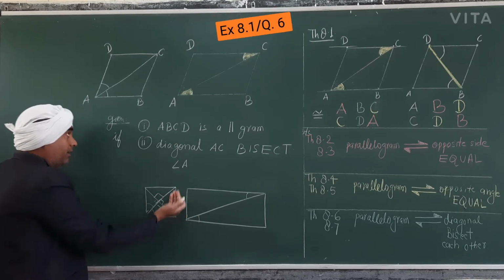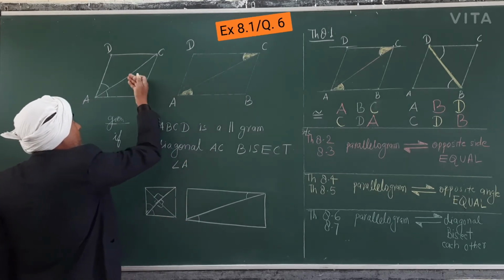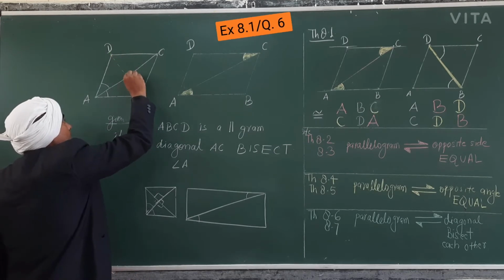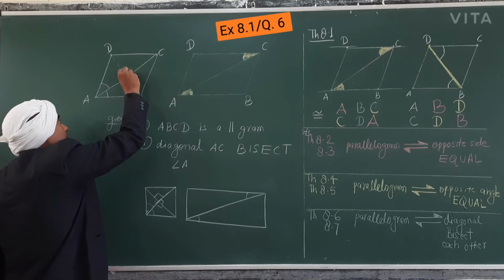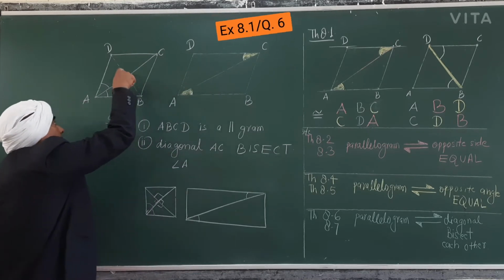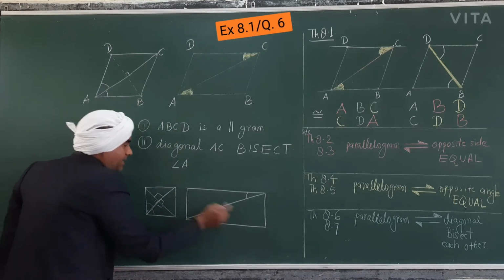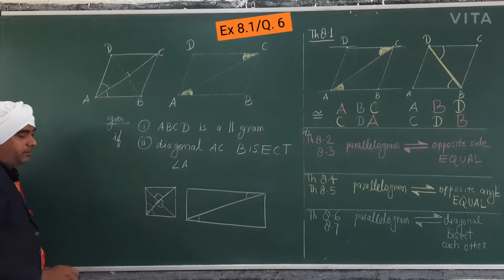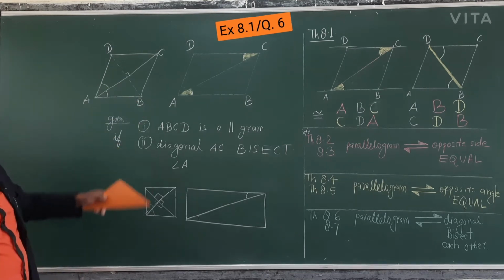Rectangle to square and parallelogram to rhombus. When we draw it, the diagonals bisect each other, because the diagonals bisect here also, but not at right angle in this way. Diagonals bisect each other, but at right angle in the square. So this I will prove in my next class.